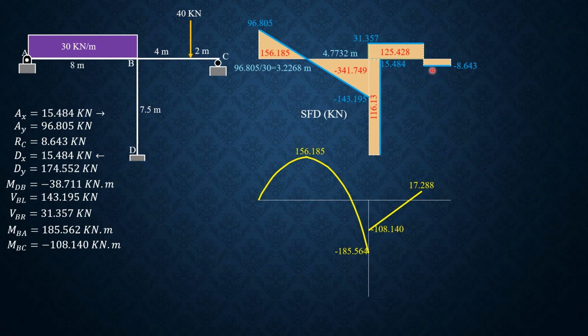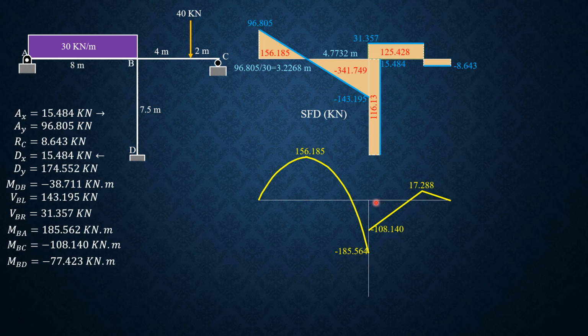Then minus this area, 2 times 8.643. So that closes, negative constant slope. MBD, and MBD is negative 77.423.